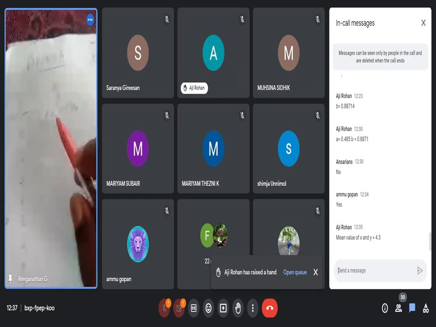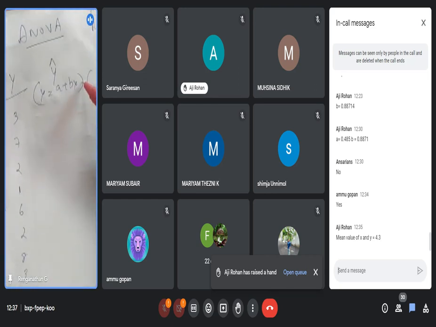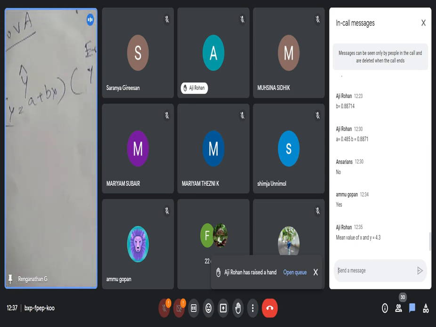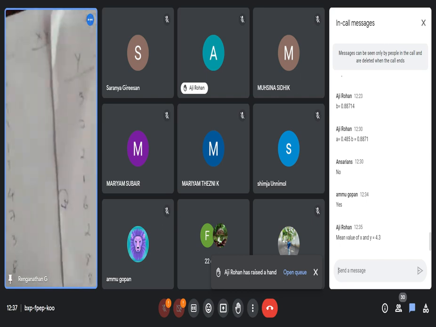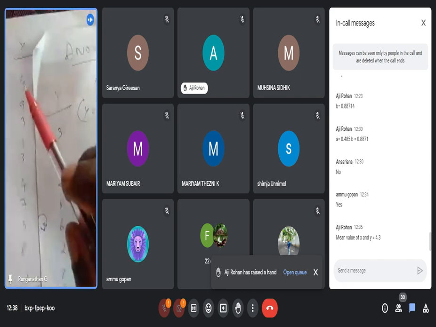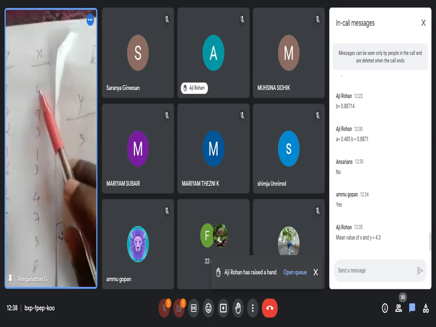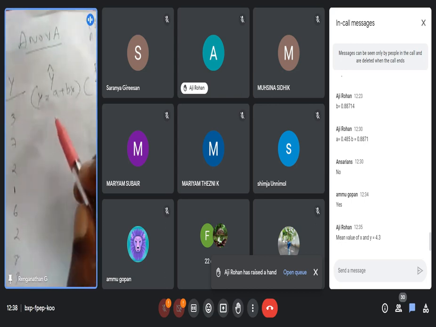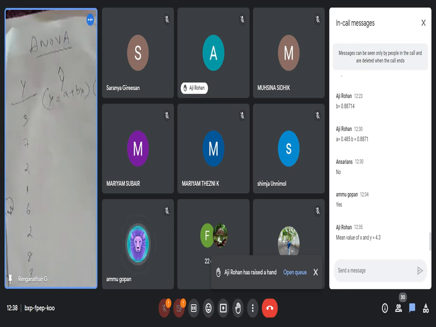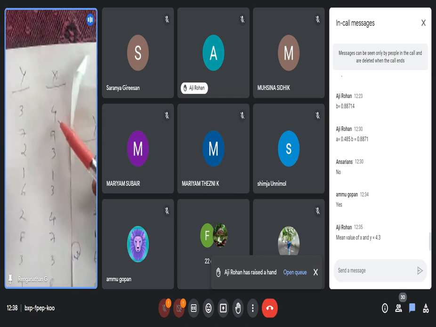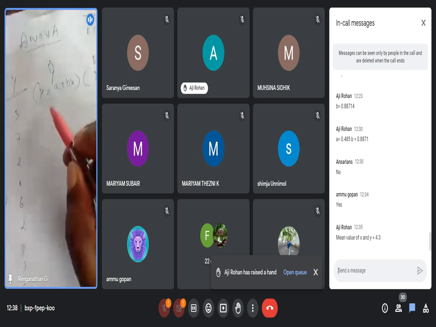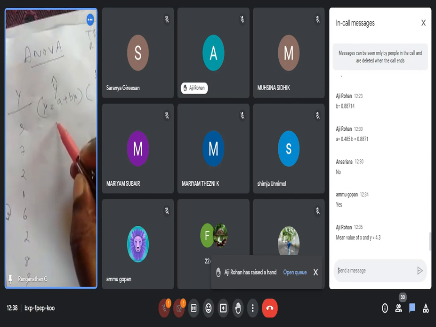Take that equation and change the value of x. What is the value of x there? Take the table and the value of x there, which is 4, 9, 3, 1, isn't it? Applying the value of 4 in place of x, you will get the first value of y cap.